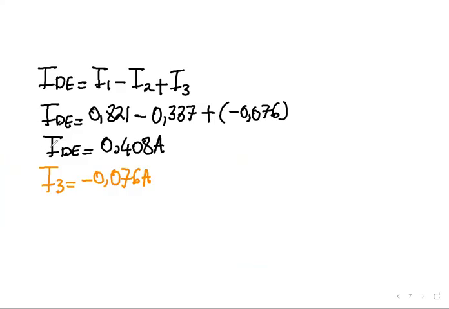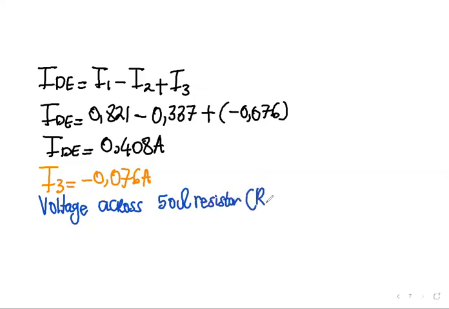Right? Now, since they want us to calculate the voltage across the 50 ohm resistor, this is what you're going to do. You can just write it as follows and say voltage across the 50 ohm resistor, because the 50 ohm resistor is the one that is represented by R5, right?